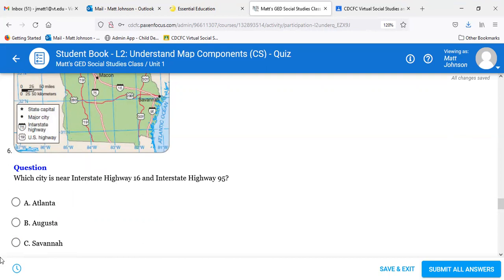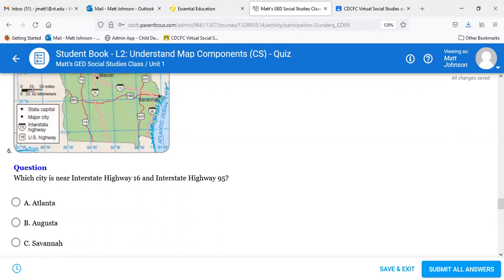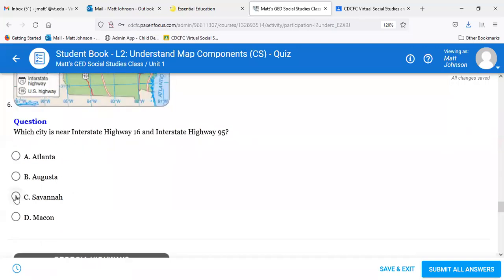Which city is near Interstate Highway 16 and Interstate Highway 95? It's C, Savannah. 16 here, 95 there. Even roads are east-west, odd numbers are north-south.